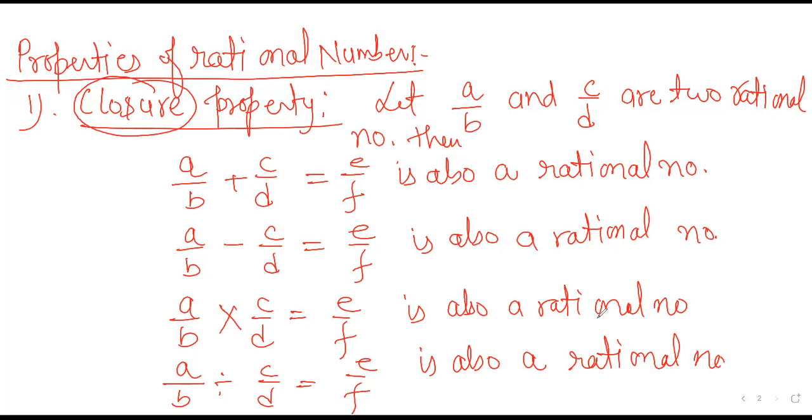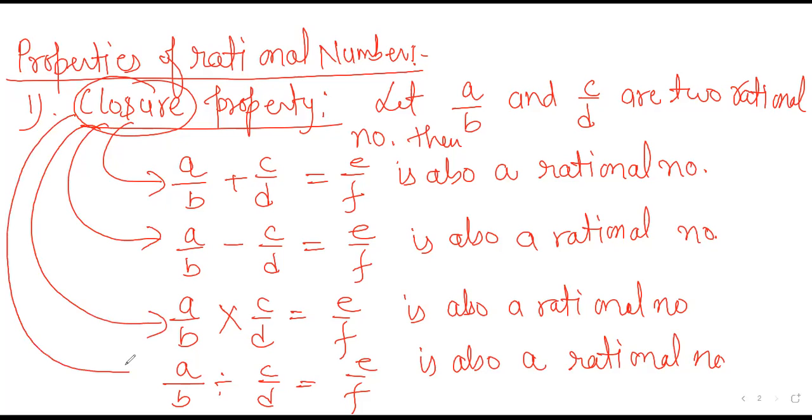So rational numbers are closed under addition, subtraction, multiplication, and division. In one word, the closure property holds for rational numbers for every basic mathematical operation: plus, minus, multiplication, division.